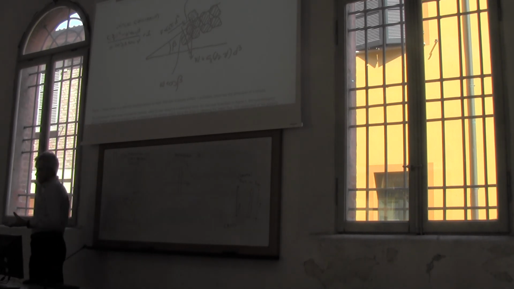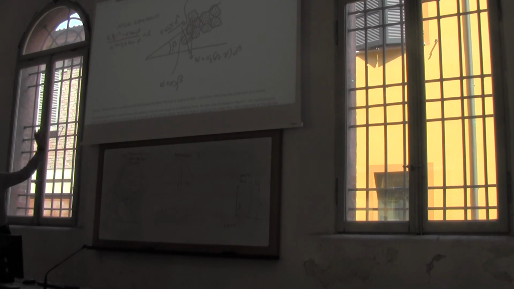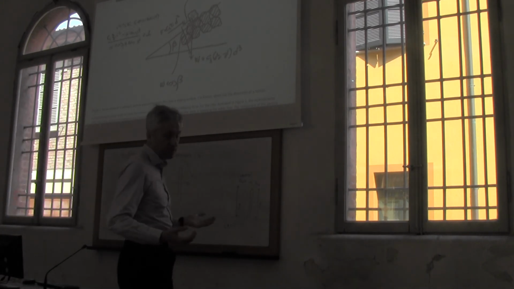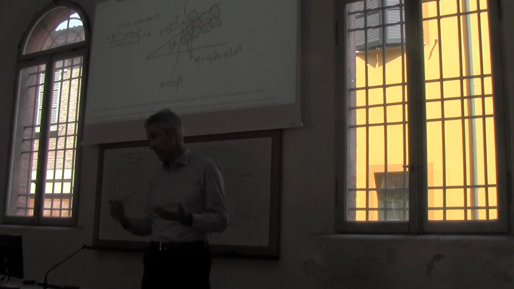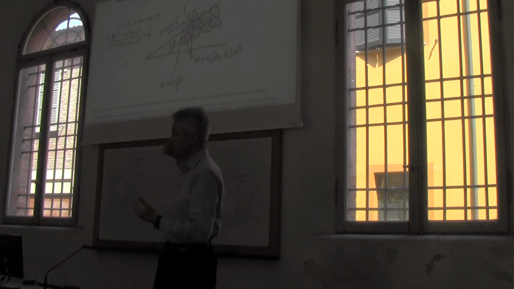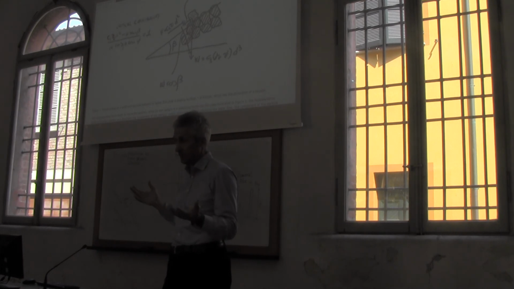Because it's based on a physical assessment, a physical analysis of the processes that are involved in the stability of units. And then from the physical assessment of these processes, an empirical formulation is derived. Because as we will see, the physical assessment includes some parameters that are difficult to estimate.